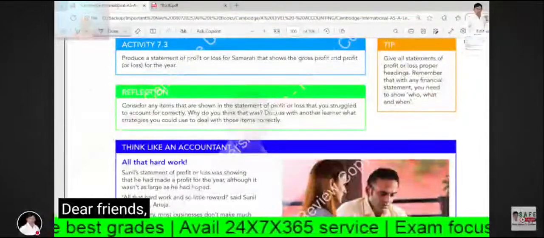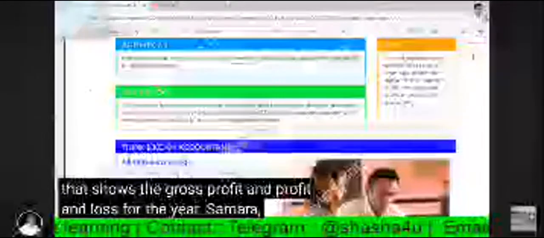Dear friends, welcome back to activity 7.3. Produce a statement of profit or loss for Samara that shows the gross profit and profit for the year. Just let us have a look.